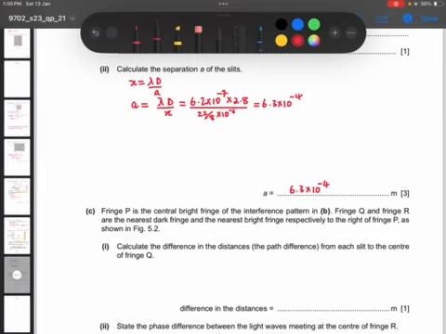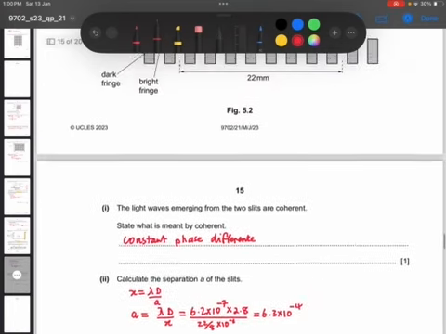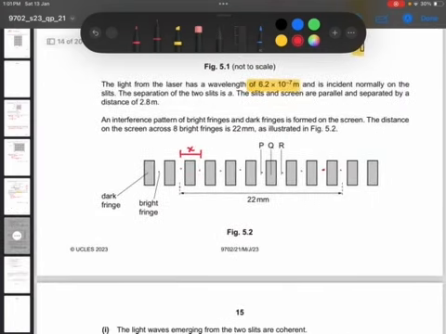The fringe P is the central bright fringe of the interference pattern in B. This fringe P is at the center, the central bright fringe.